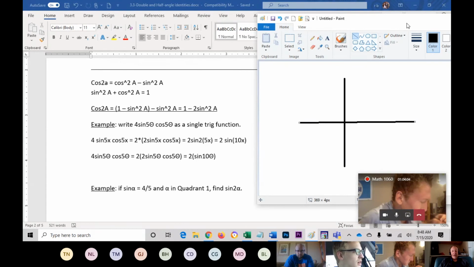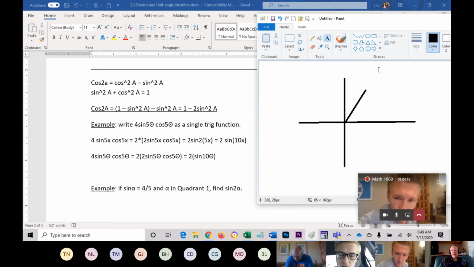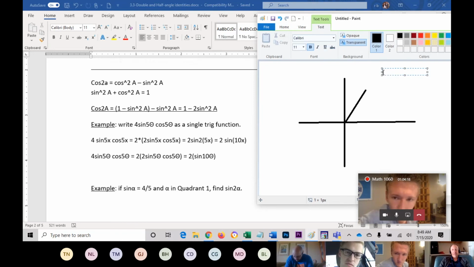So if the sine of alpha is 4/5, we're in quadrant 1, so I'm just going to draw a diagonal line here. Remind me again what sine is in terms of x, y, and r. It is y over r.